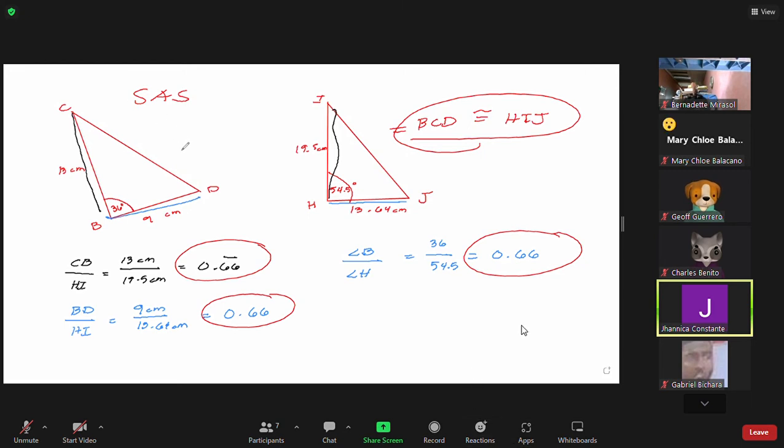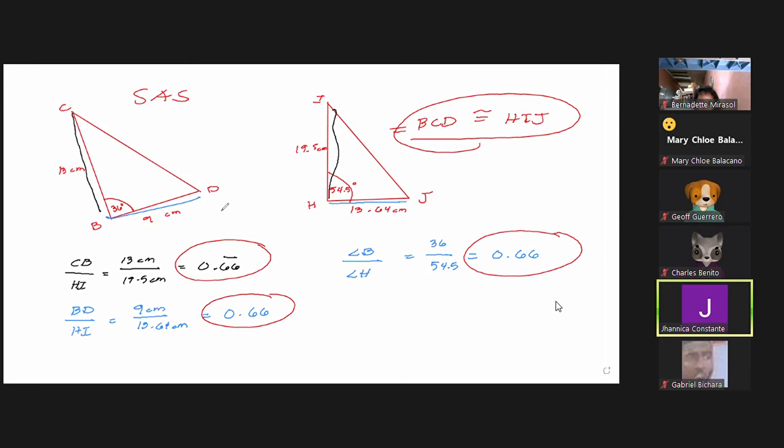Okay, now that is the SAS postulate or SAS theorem, the second postulate that we have in proving that two triangles are congruent.